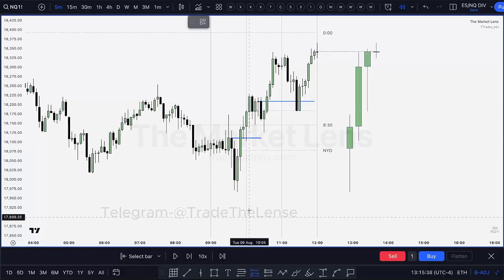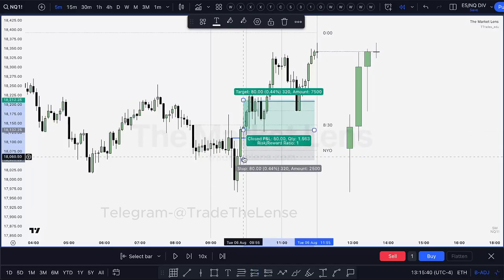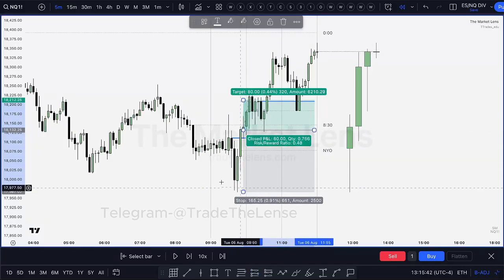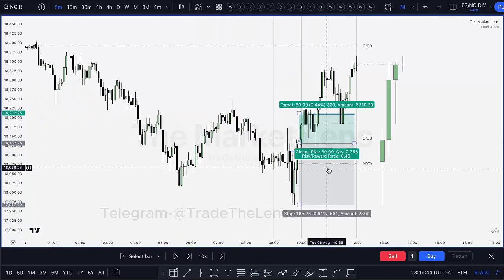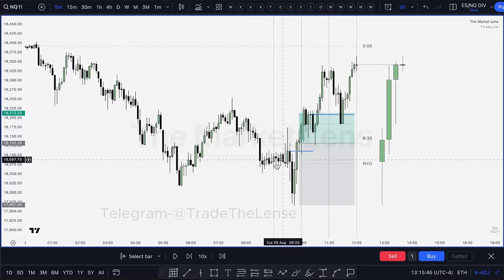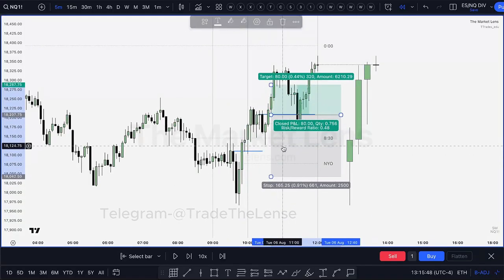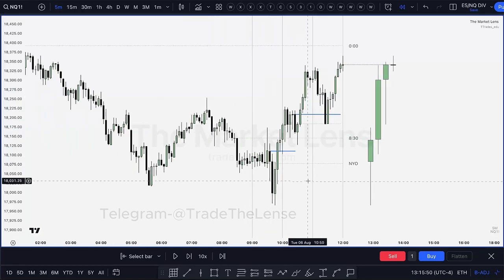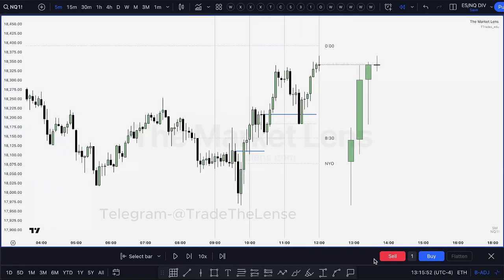I can take this, I just need a little bit of a wider stop. With NQ's range here, that was 165 points. Or I can wait for continuation entry, right? So a lot of times his entry is just the candle 2 entry and then continuation, if that makes sense.